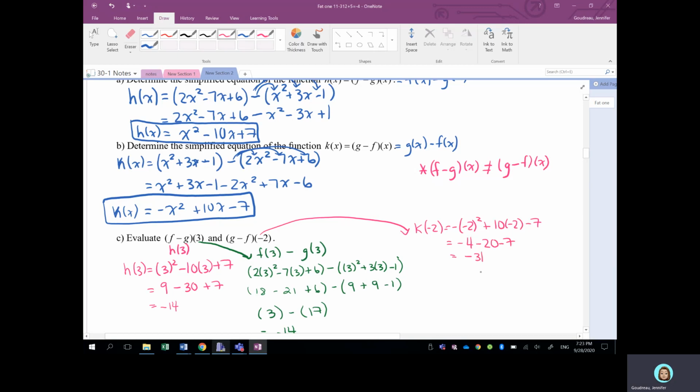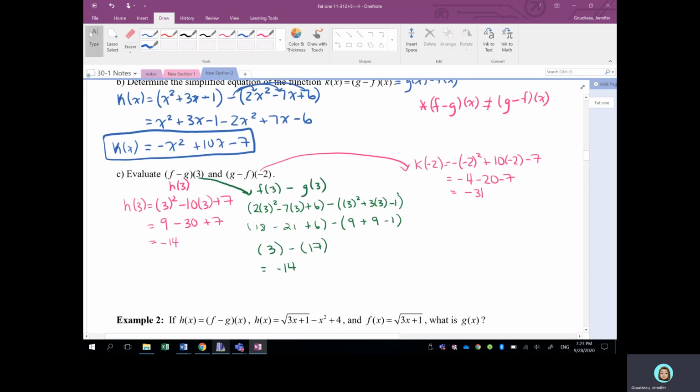But we could do it as two separate calculations as well. So doing this one the second way, we would evaluate g at negative 2 and subtract evaluating f at negative 2.